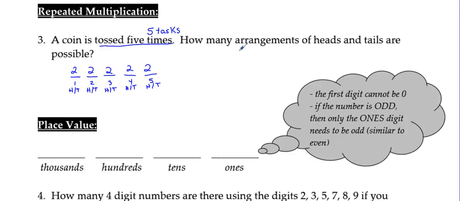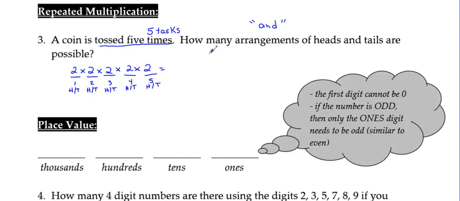Now this question doesn't specifically use the word and, but it is implied because if you are tossing a coin 5 times, you're tossing the first coin and the second coin and the third coin and the fourth coin and the fifth coin. So this is an and situation.